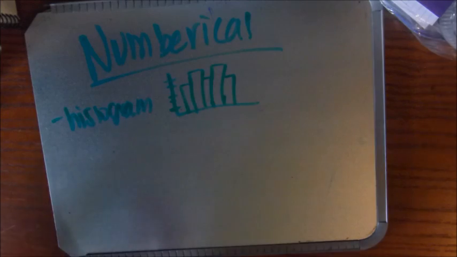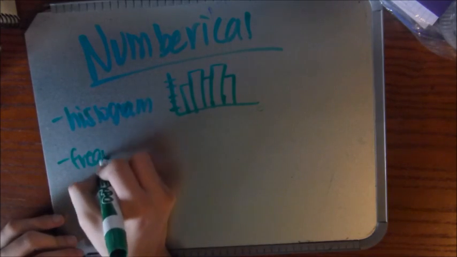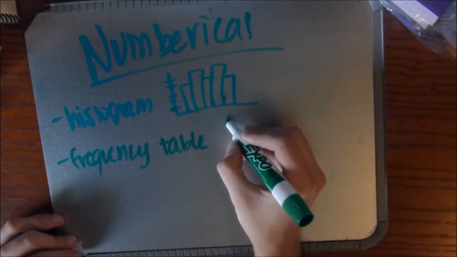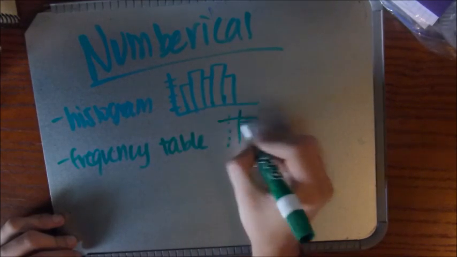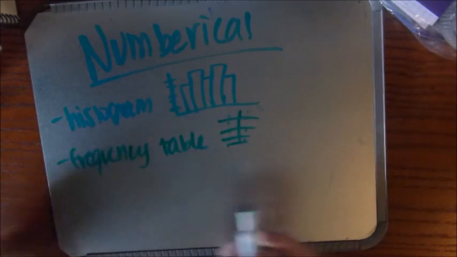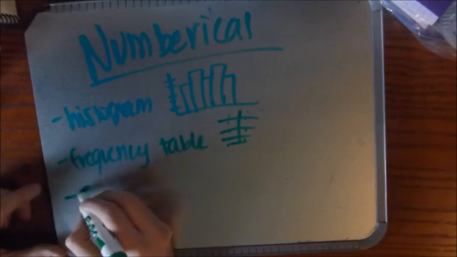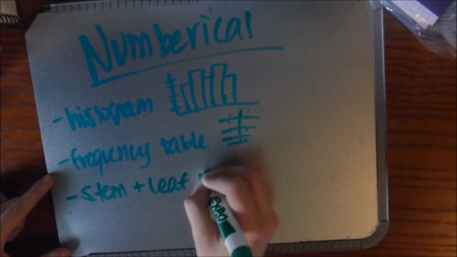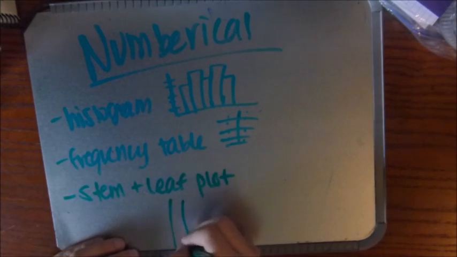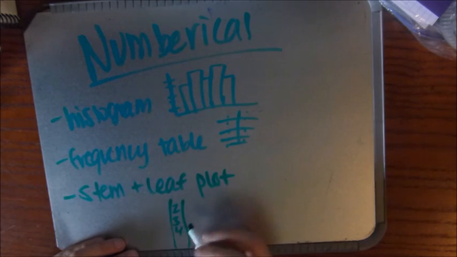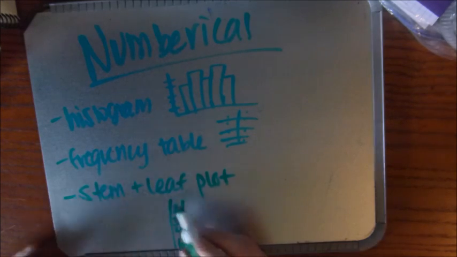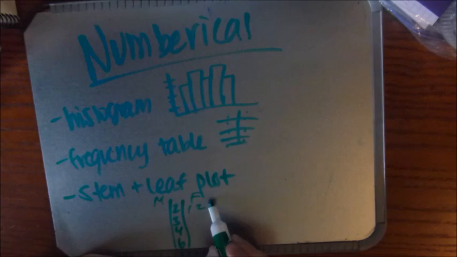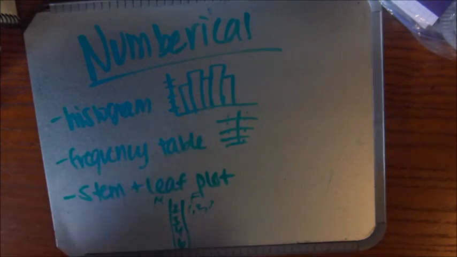We could also use a frequency table. You've got your data on this side and how much of it on this side. You can also use a stem and leaf plot, which is good for representing data in a smaller range. You can even use, let's say, male or female, and numbers are well represented on each side.